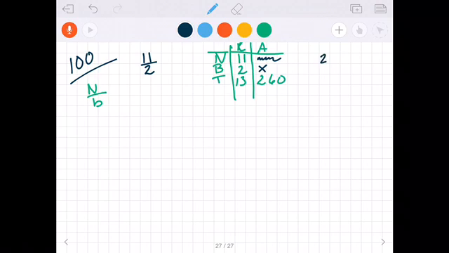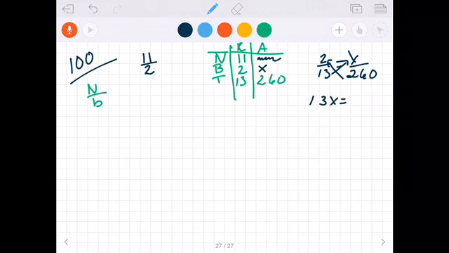So 2 over 13 equals x over 260. We can either use cross products or we can see these as equivalent fractions. I'm going to use cross products because this is pre-algebra. So we're going to cross multiply here. So 13 times x equals 2 times 260.